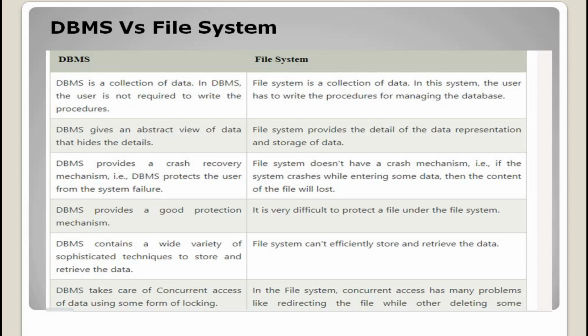But in the file system, at some level we were able to provide concurrent access, but we were not able to save the integrity of the data at all. So these are some points for the comparison of database management system and file system, where we have discussed the advantages of the database management system and disadvantages of the file system.